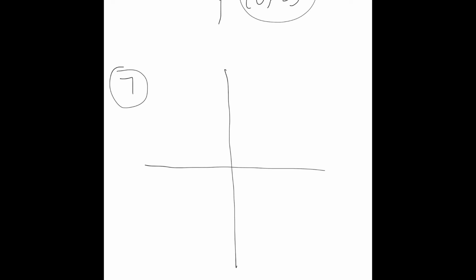Okay, the polar coordinate they give is negative 1 and 5 pi over 4. So we're starting over here on the left side, and we're going in the positive direction, 5 pi over 4. So remember, every pi over 4, you're going 45 degrees.